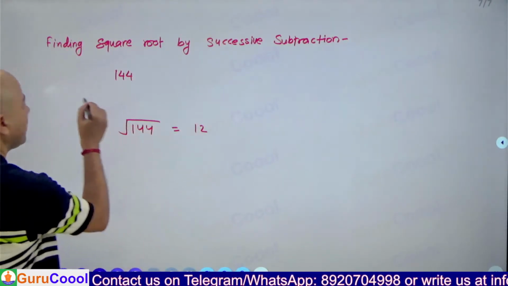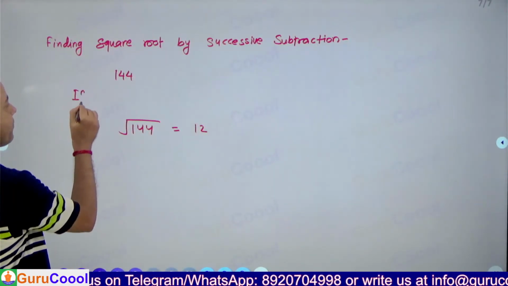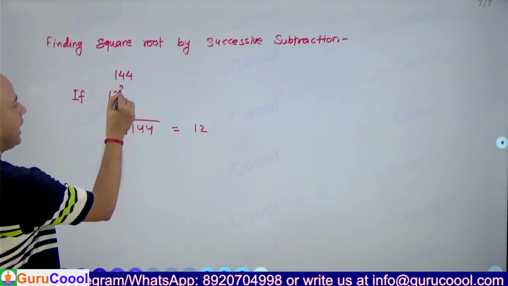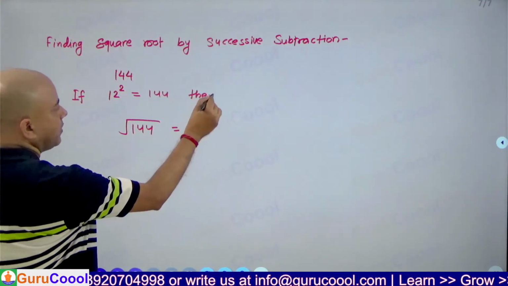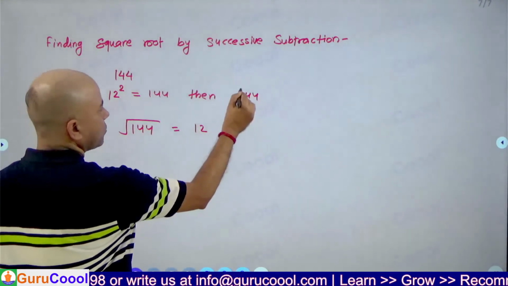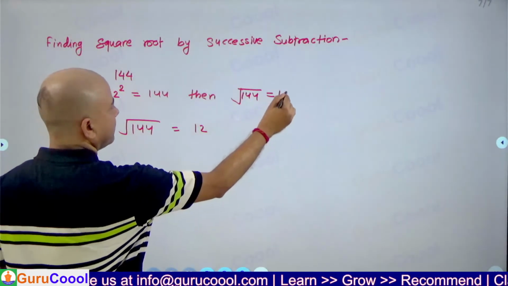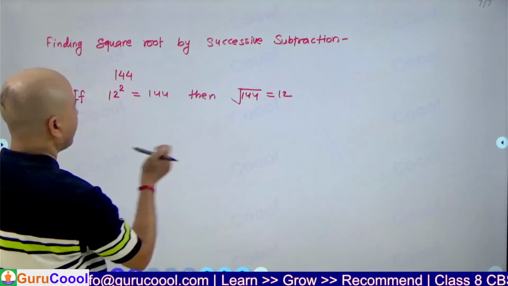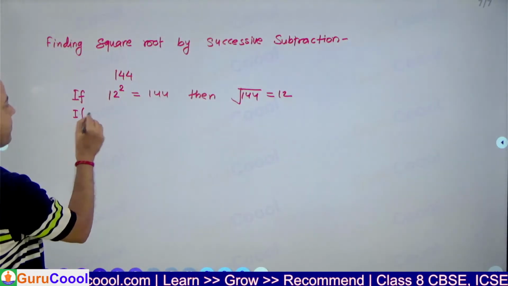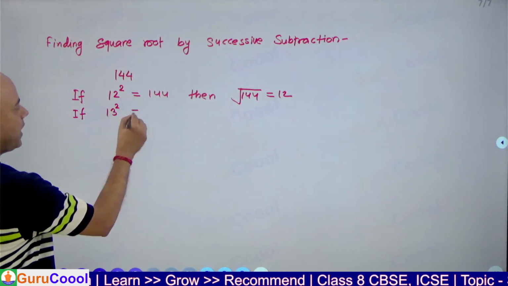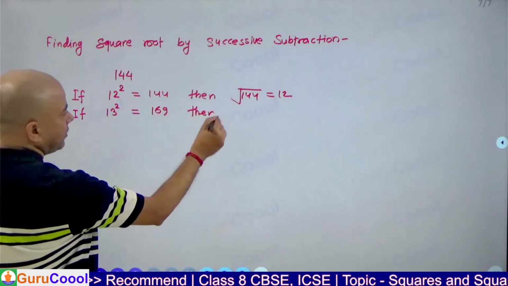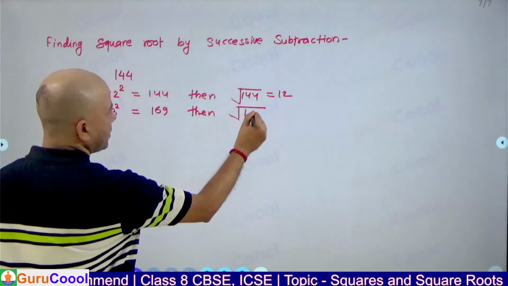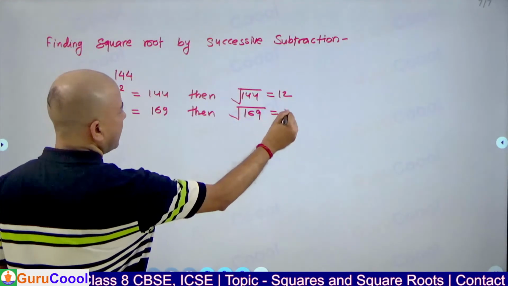So simply you can say if 12 square is 144, then the square root of 144 is 12. If 13 square is 169, then the square root of 169 is 13.